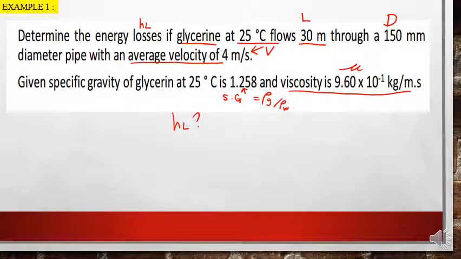So how can we solve it? Remember we have the term F equals 64 divided by the Reynolds number, which is just to calculate F. And how about the HL? Let's see how we can solve this problem. As usual, you need to list down all the info given in the question and plan the formula that you can use.